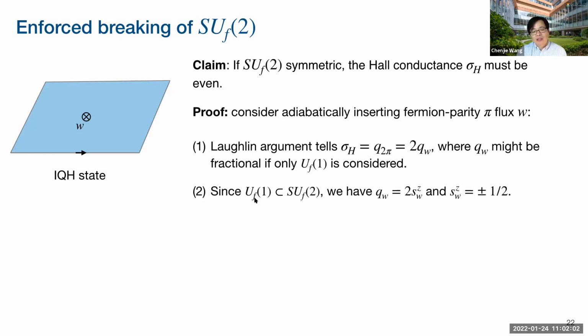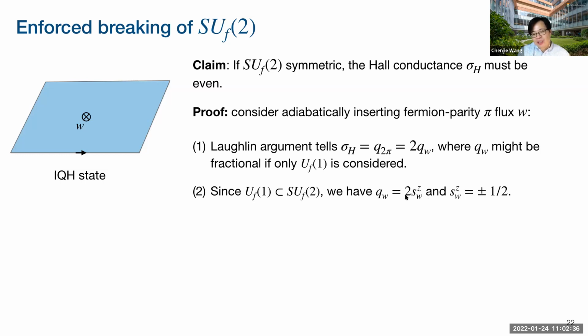However, if this U(1) particle number conservation is a subgroup of SU(2), then this U(1) shouldn't be confused with the actual physical charge. It's actually the spin conservation of the z component. So the charge is actually twice S_z, but S_z, we know, can only be plus or minus 1. This factor of twice comes from the fact that SU(2) has a periodicity of 4 pi, but U(1) usually has a 2 pi periodicity.